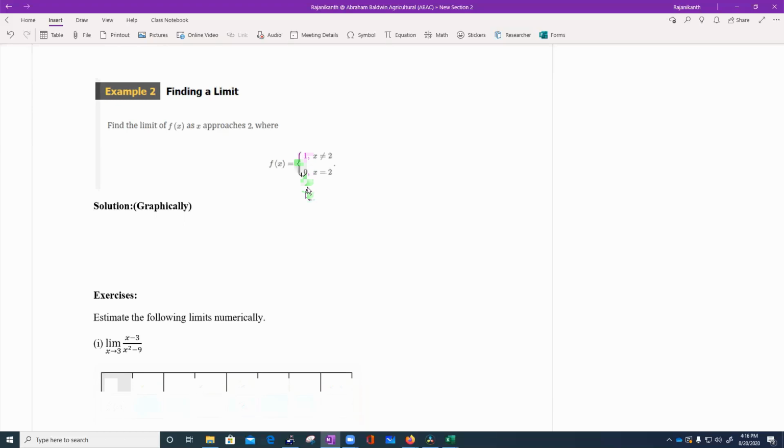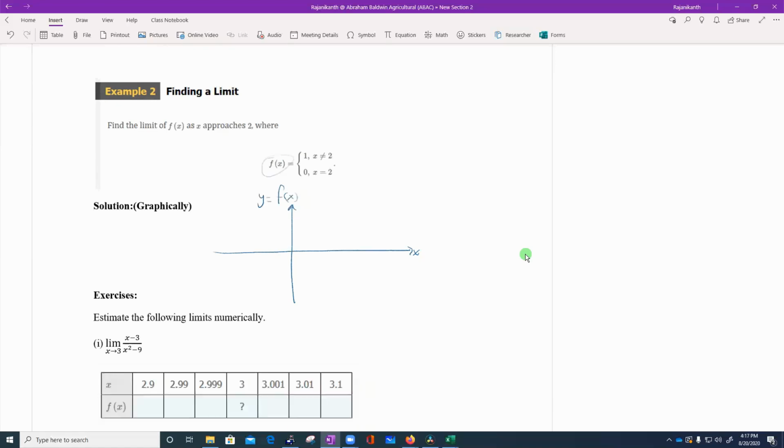So if I could draw a picture here, this is x and this is my function f(x), y in another word, right? Remember, f(x) means function, y value, right? The y value, function value is getting 1 when x is not equal to 2. Remember, this is my real line. So 0 is here, say 1 is somewhere here, and 2 is here, and so on. And this side negative 1, negative 2, and so on, right?